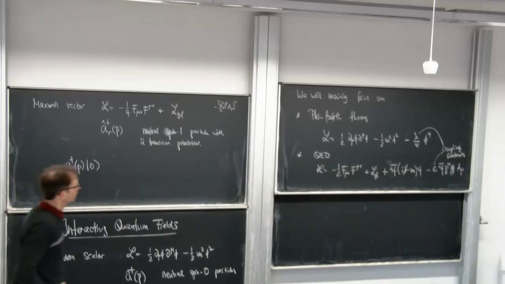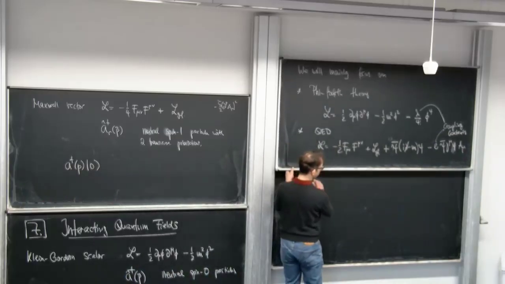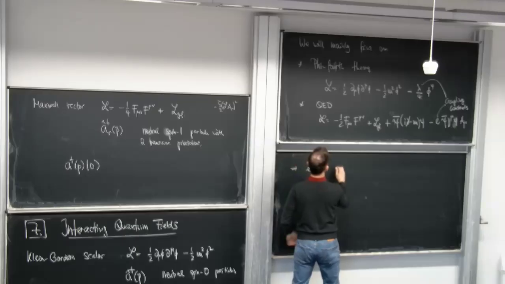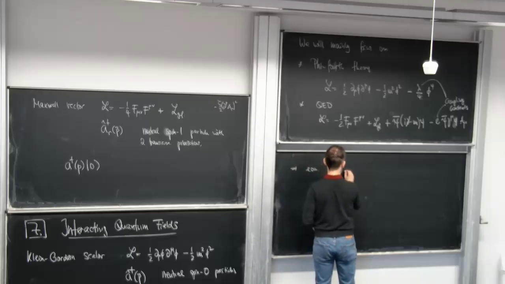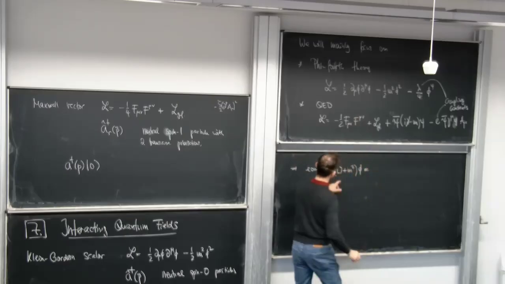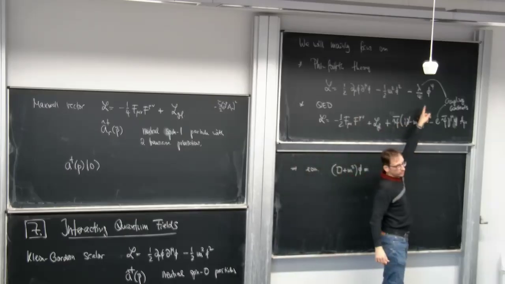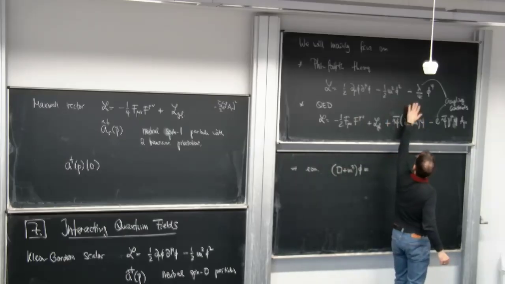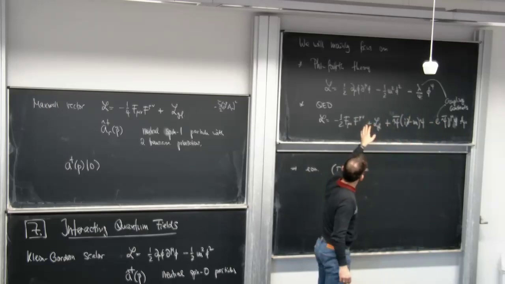Now, in these two cases, the equations of motion look like this. Of course, there's the Klein-Gordon equation, but if you have this extra term, then it basically does the same thing as this mass term in the Euler-Lagrange equation. So I can just copy it.